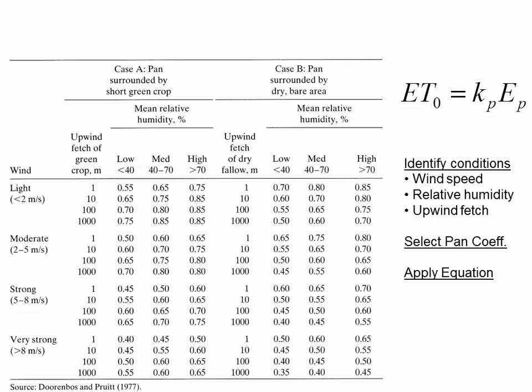Why would there be more evaporation from the pan than there is from the soil? Okay, so the grass is shielding some of the soil, that's right, whereas the pan is just open, free water.